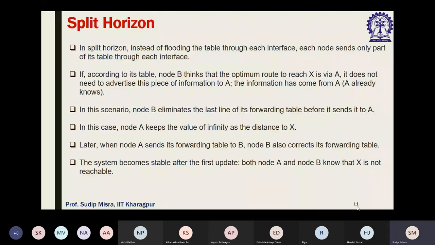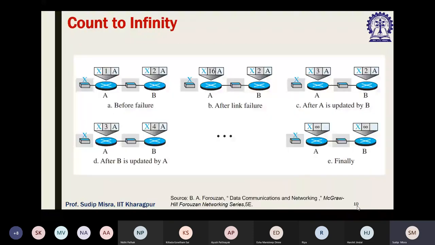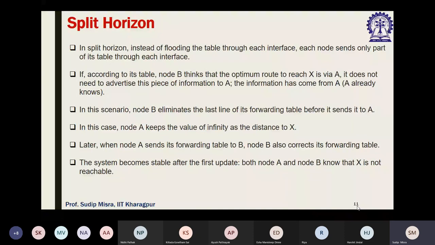And node A keeps the value of infinity as the distance to X, because through direct observation, node A already knows that X is not reachable. So it is going to keep that value of infinity. Later, when A sends its forwarding table to B, B also corrects its forwarding table. So the system will become stable after the first update, and both A and B will know that X is not reachable.